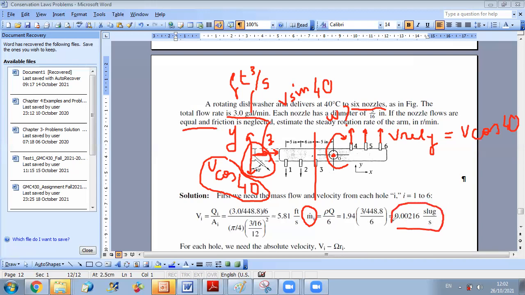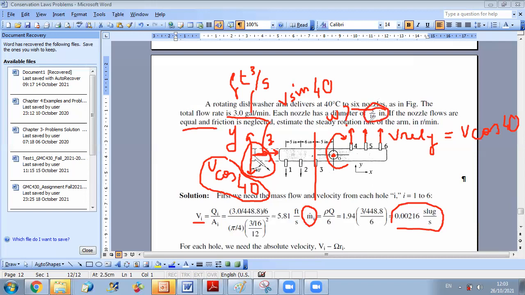And now you are also interested in the velocity delivered by each nozzle. So V for each nozzle is Q over A, where Q for each one is Q total over 6, over the area of each nozzle. For each nozzle, the diameter is 3 over 16 inch.